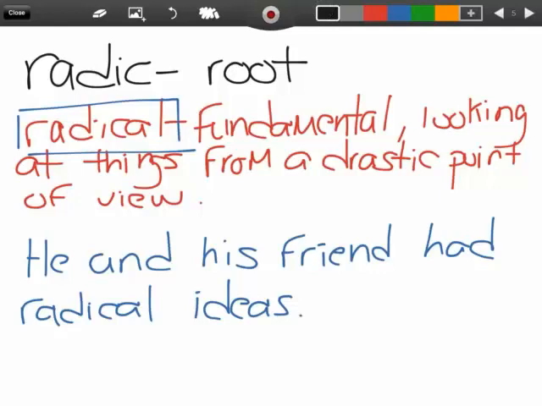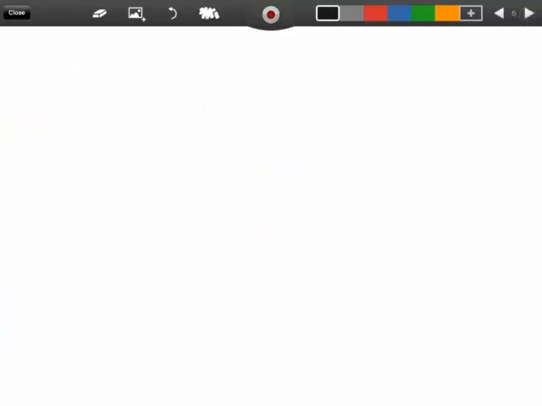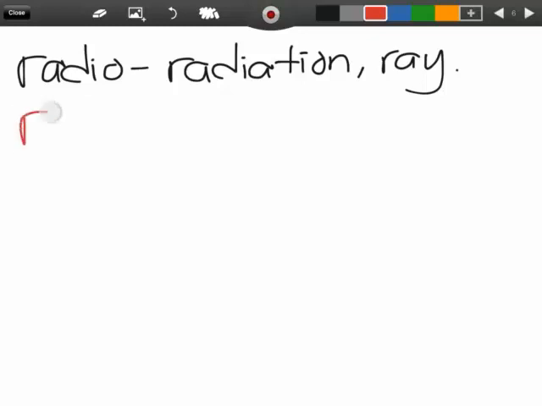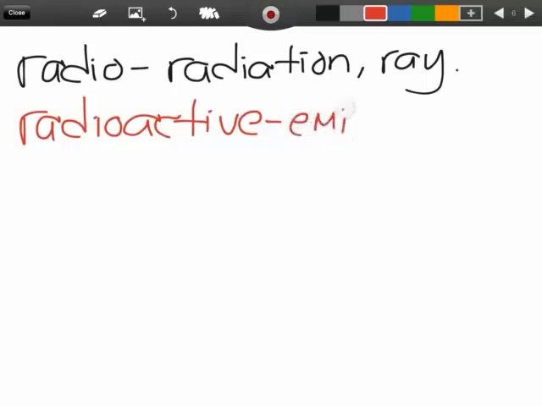Moving on to our next root is radio, meaning radiation, or ray. I'm going to go ahead and give you an example word, and that is radioactive. And that means emitting radiation.